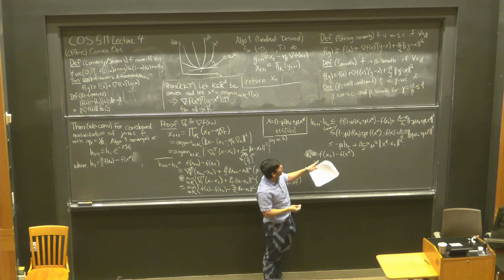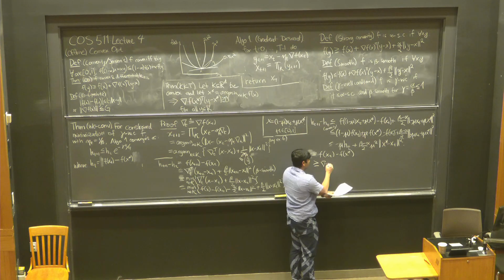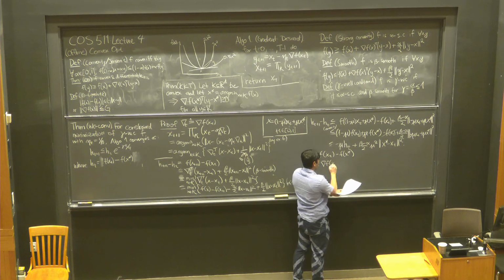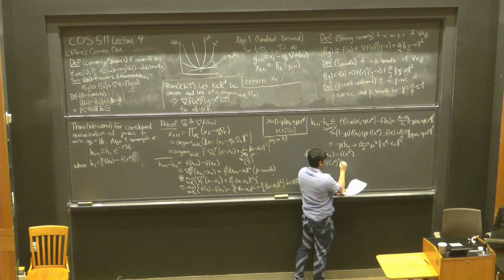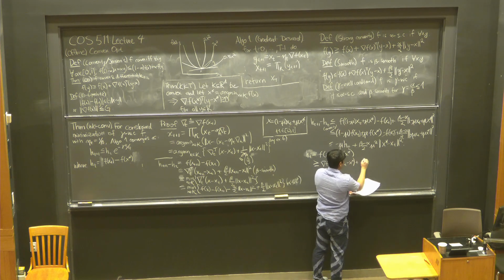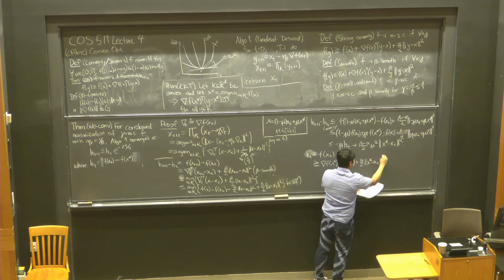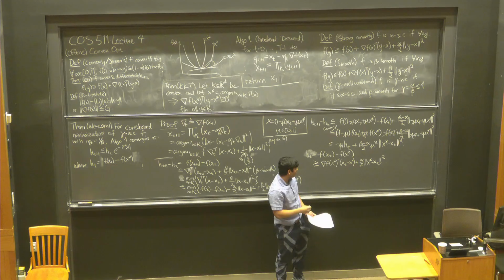So again, we can lower bound this difference with strong convexity, the gradient. Okay, alpha strong convexity.